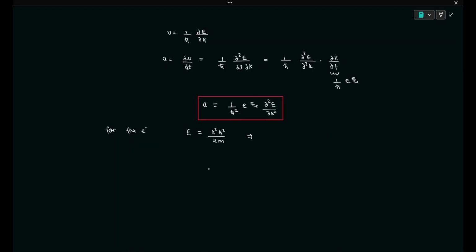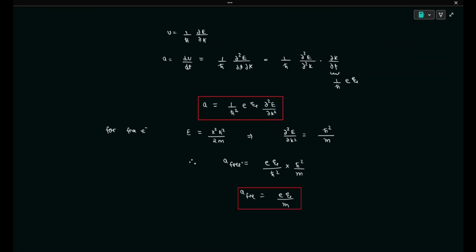So if you differentiate energy with k twice, you will get d²E by dk² equal to ħ² divided by m. Therefore, the acceleration for a free electron will be equal to eE times ħ² divided by m, divided by ħ². So the acceleration for a free electron will be equal to the electric field force eE divided by m.